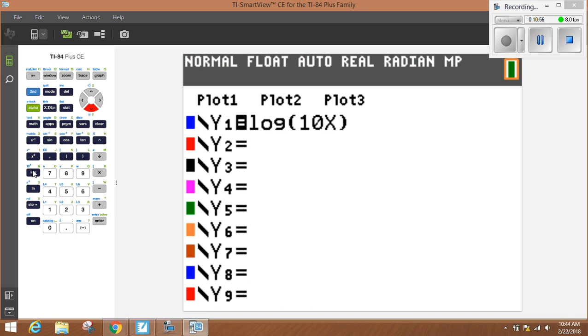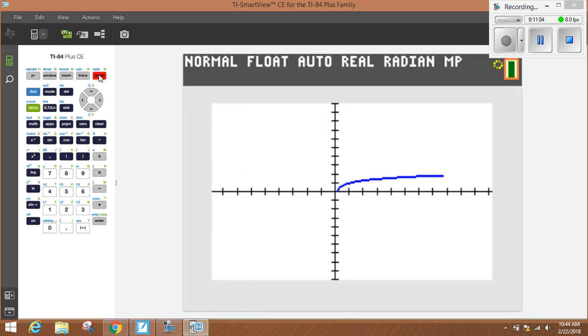Let's compare that right away to log base 10 of x and see if we can make some sort of a conjecture about this. What does it look like? You said parallel. That was kind of an interesting word to use. Yes, it looks like it's a horizontal shift. Let's check the others and see if that's true.